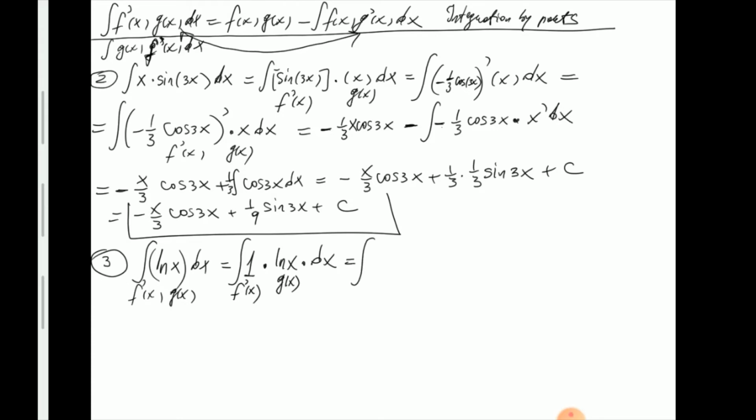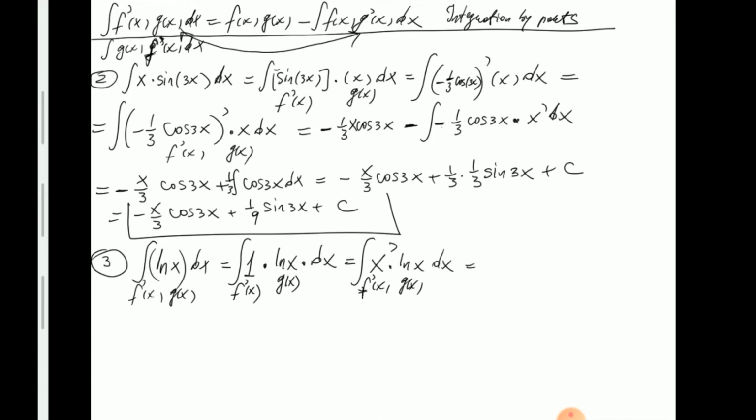Because now, how do we write 1 as a derivative of a function? Like, 1 is the derivative of what? I'm making a pause here, and then everybody now should just jump and say it's x prime, right? So 1 is the derivative of x. And this is now suitable for integration by parts, just like all other examples.